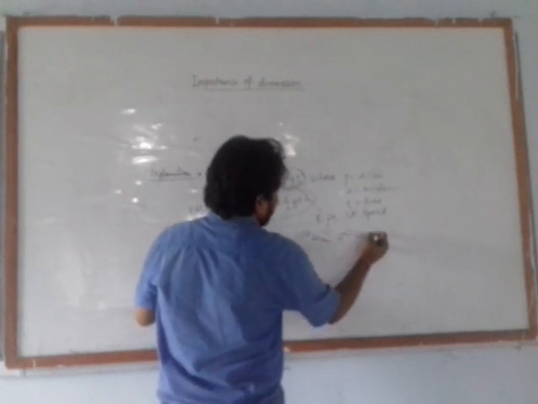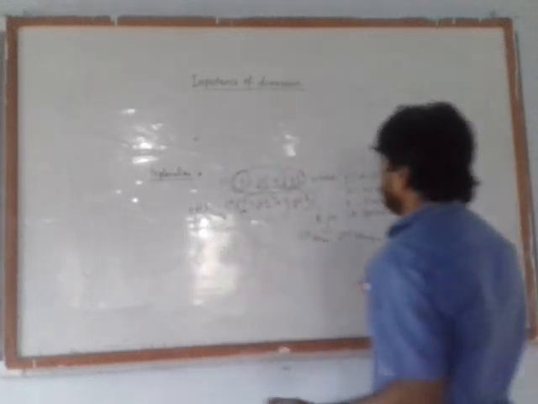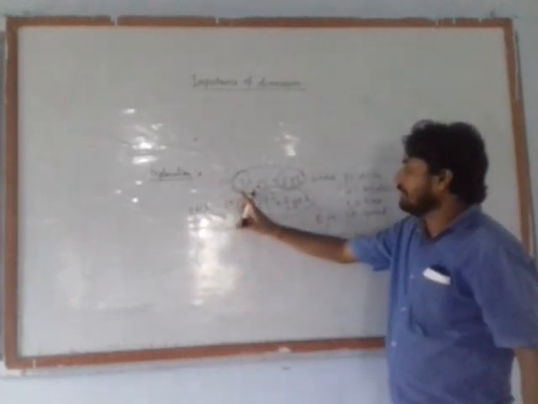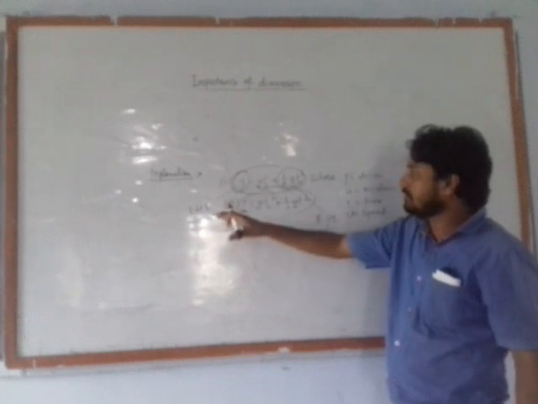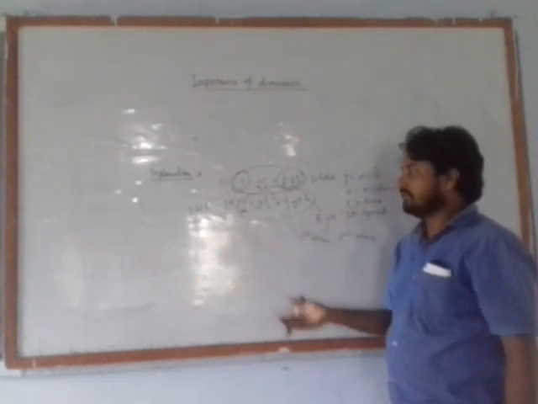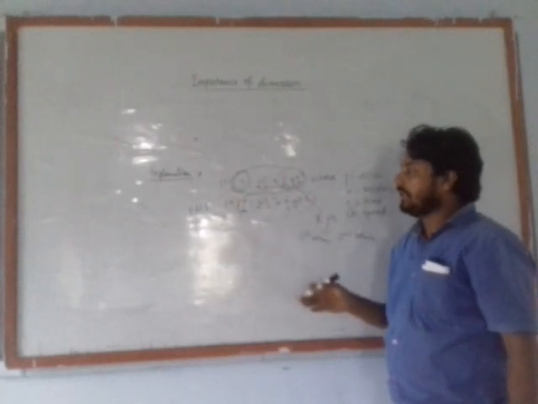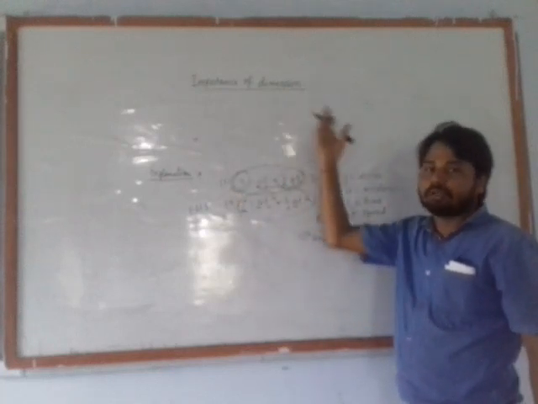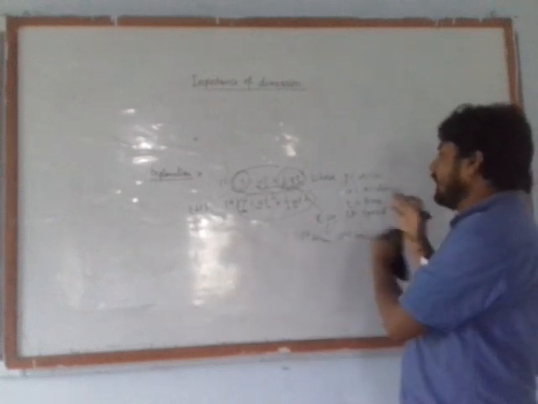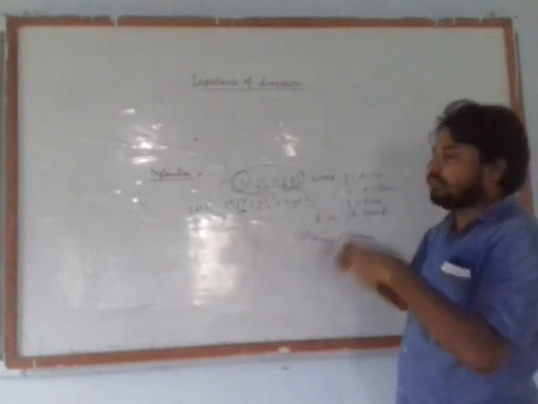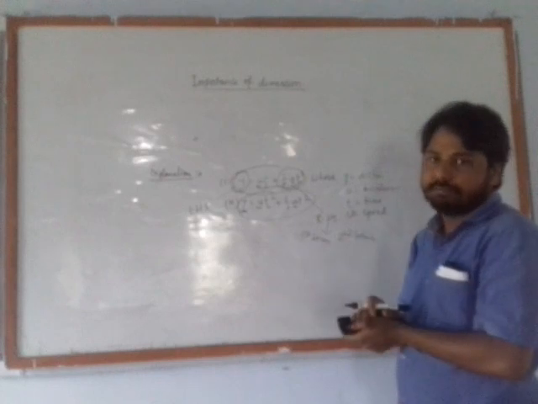Step by step we will write the dimension of each term in the LHS and the RHS. Maybe in some equation the LHS may have 3-4 terms. Whatever the case, you can use the same method.